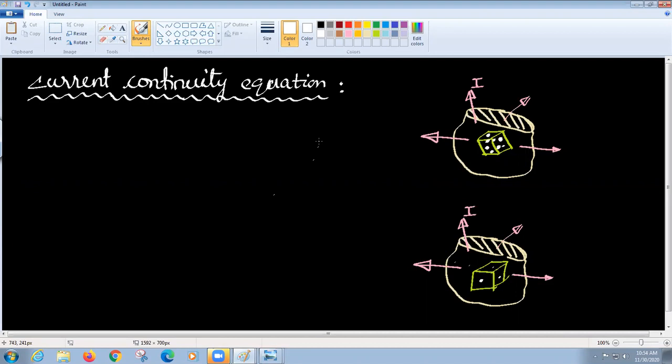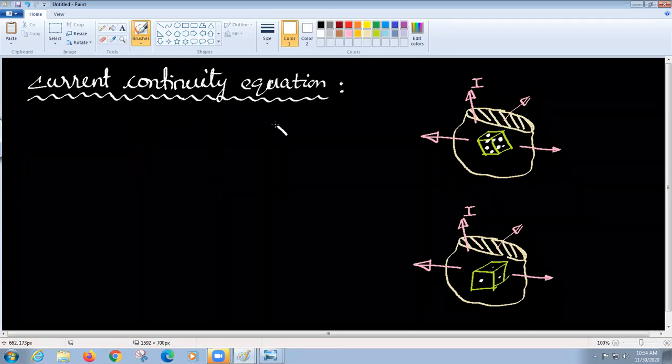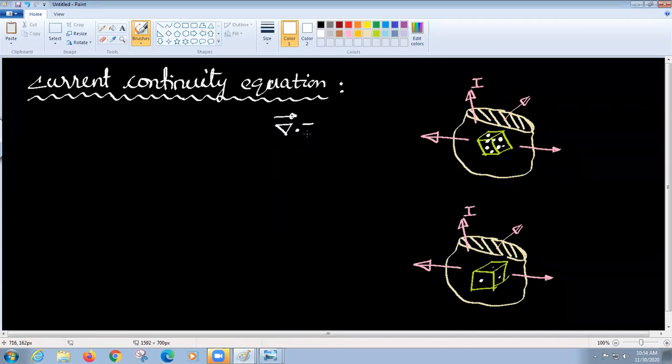So we could say divergence of J is equal to minus dou rho V over dou t. This negative sign indicates that when current is leaving out, the charge must decrease, because by convention we are taking a positive charge. Conversely, you can also take negative charge, so negative charge must increase in the volume.